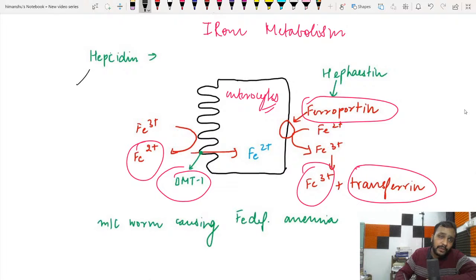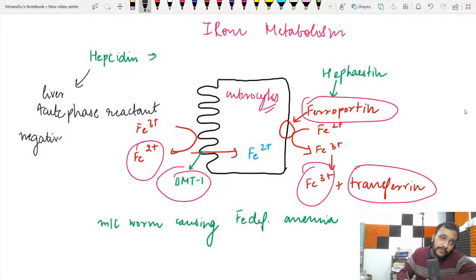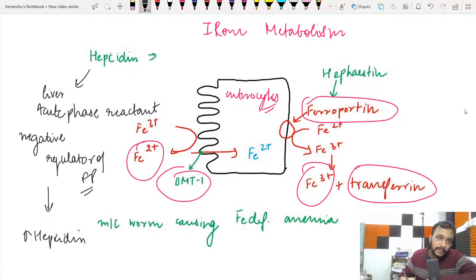Coming to the hepcidin molecule. Hepcidin is formed by the liver. It is an acute phase reactant, and it is a negative regulator of ferroportin. So whenever hepcidin increases, ferroportin will decrease.